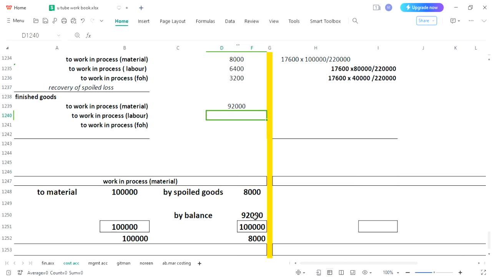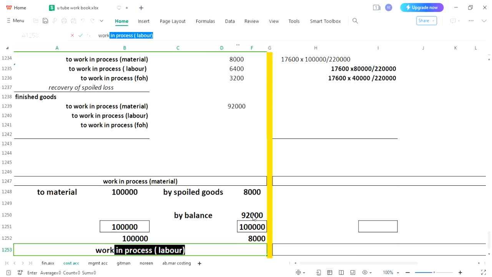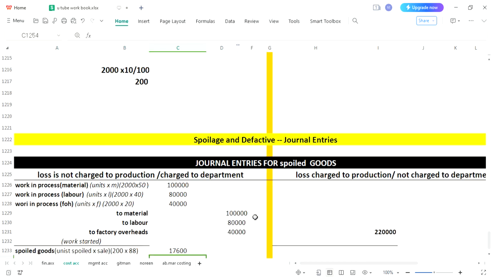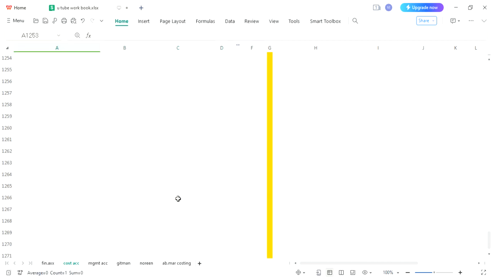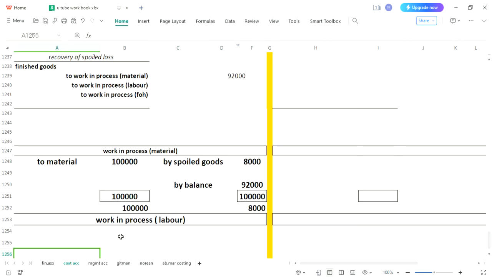In a similar way, you will make the ledger for work in process labor. The method is absolutely similar. Work in process labor debit 80,000, so you will put 80,000 on the debit side. Reference would be similar: to labor.